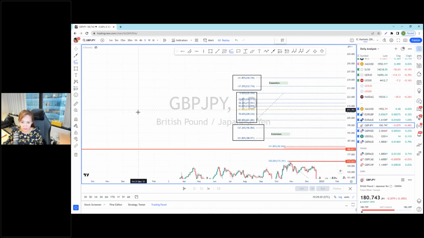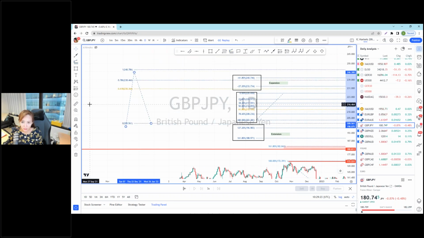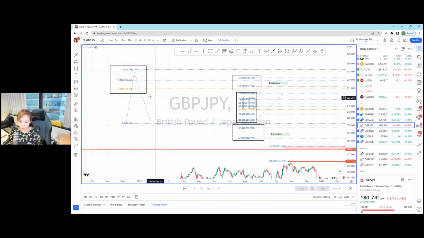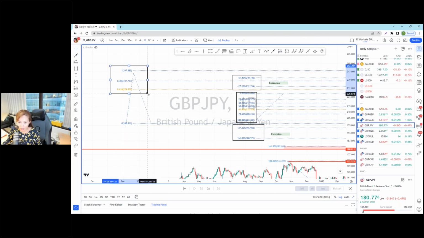For projection, we only use these three numbers, which are 61.8%, 78.6% and 100% projection. So why do I put the percentage like this? When I draw and find a confluence, I know that 0.618 is actually 61.8% projection, and I know that 61.8% is retracement. So that's why I do it like this. You can do the same as what I do, then you won't get confused.